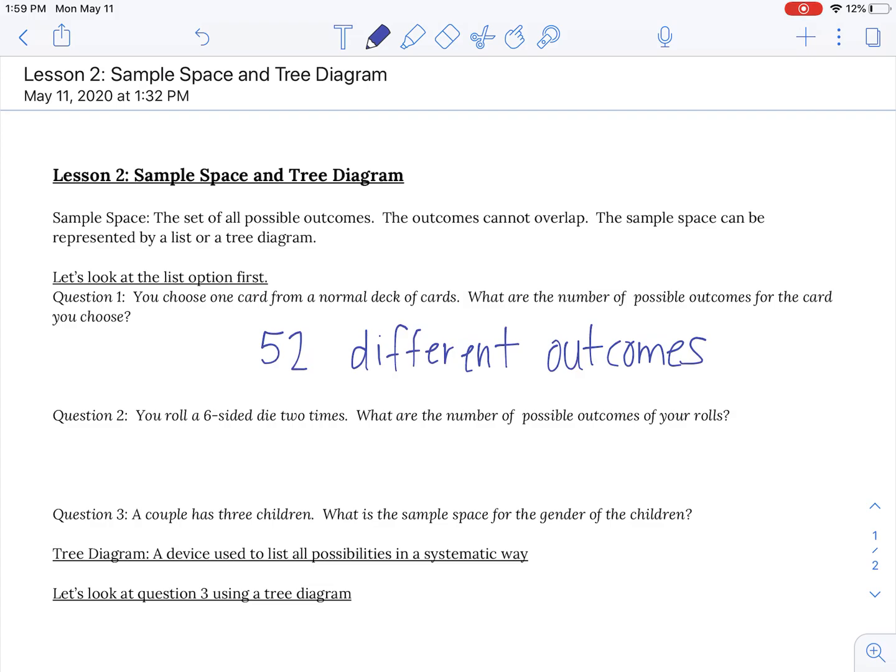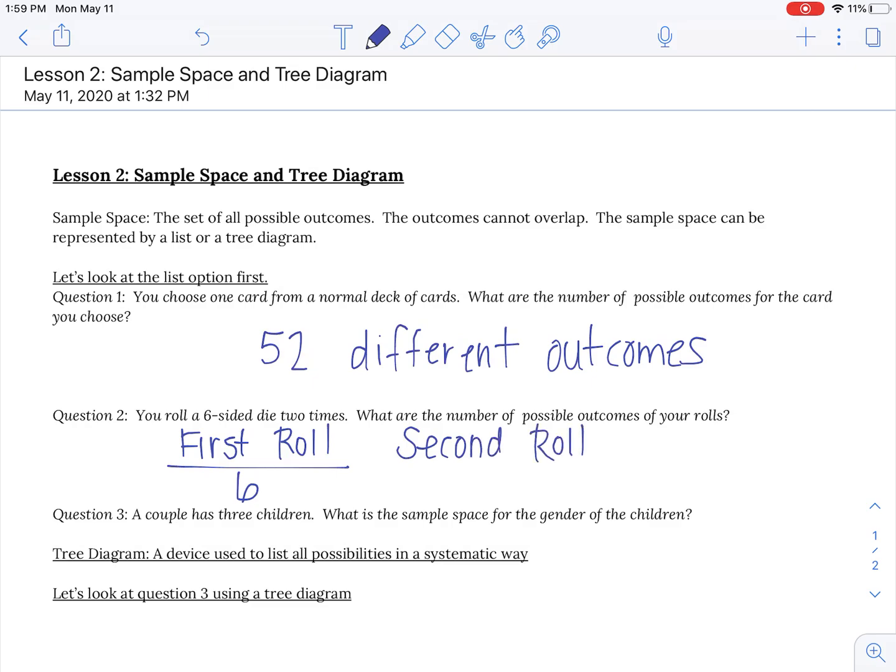Question number 2. If you roll a 6-sided die 2 times, what are the number of possible outcomes? So you have 2 different rolls. You know that a die has 6 different sides with the numbers 1 through 6. If you roll it the first time, you list that you will have 6 different outcomes as your choices. But it's telling you to roll it twice, so we have a second roll.